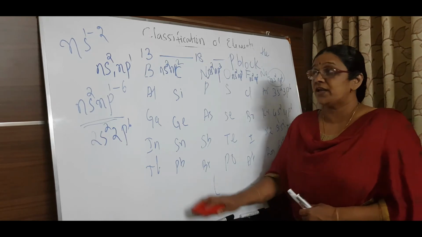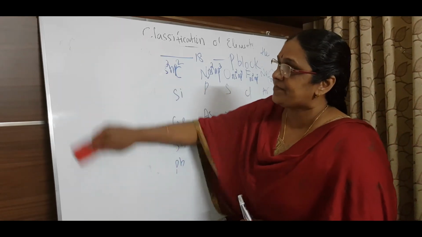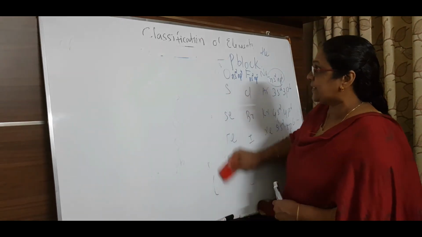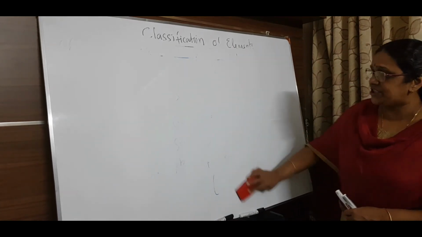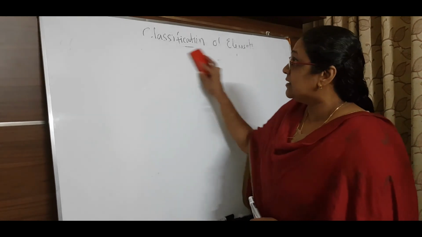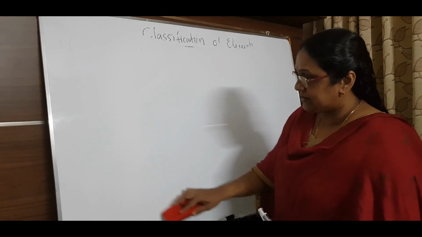Now coming to the configuration of the d block elements. You know the d block elements. In the d block elements, the general configuration is, you have to study this because you have not studied this in smaller classes.